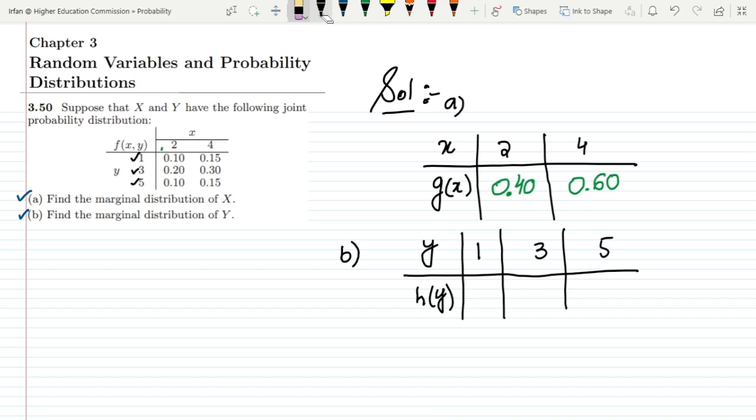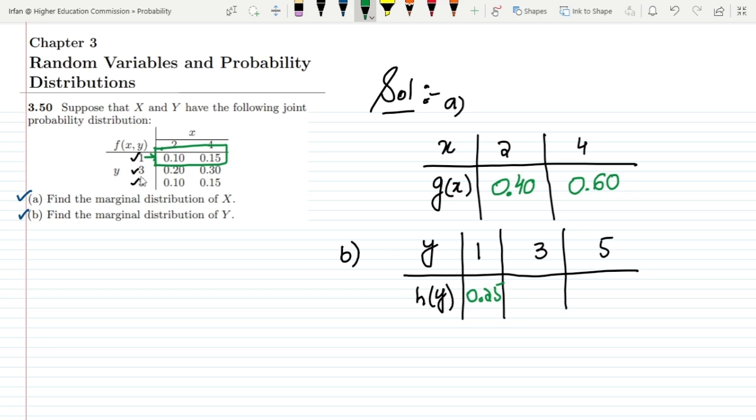In order to find their values, for y equal to 1, to find the marginal distribution of y, I have to add these two values. So it will be 0.10 and 0.15, this is 0.25.